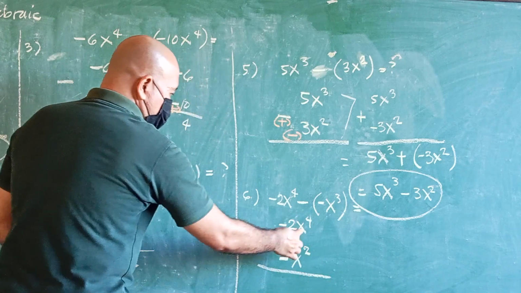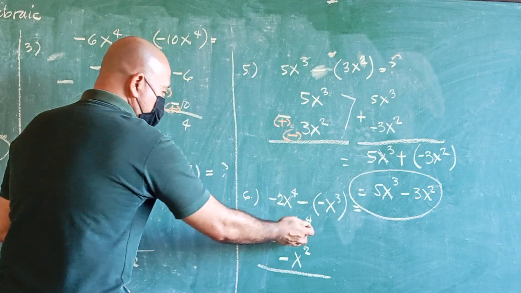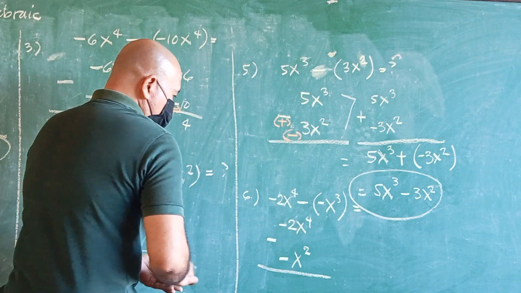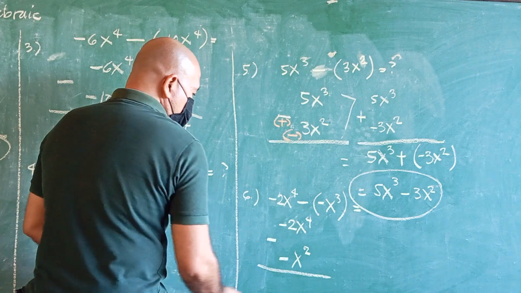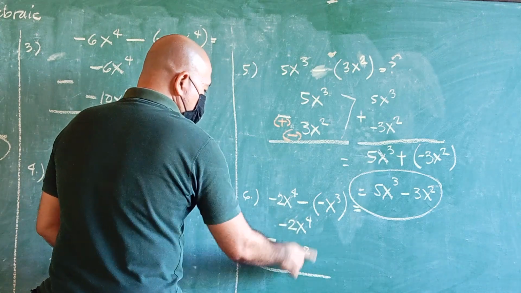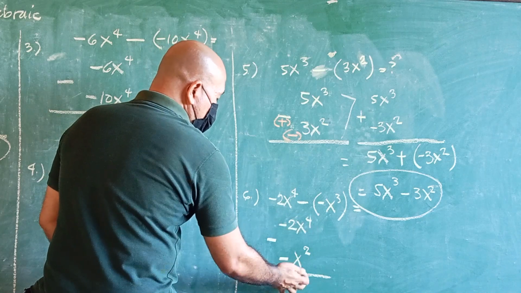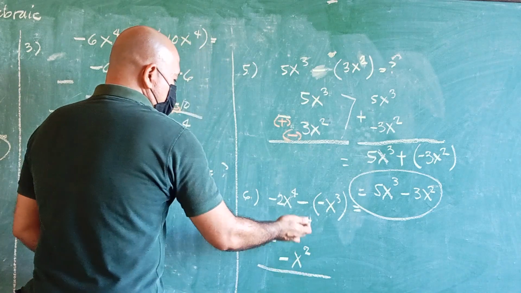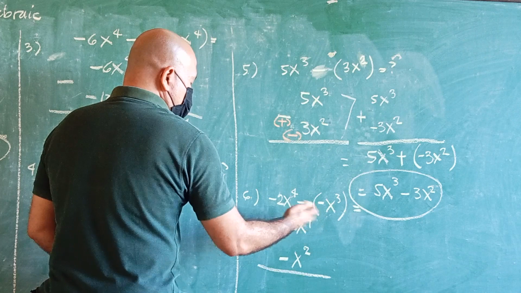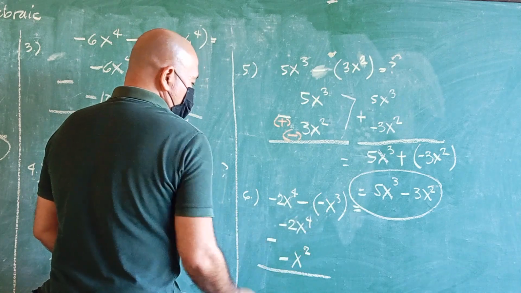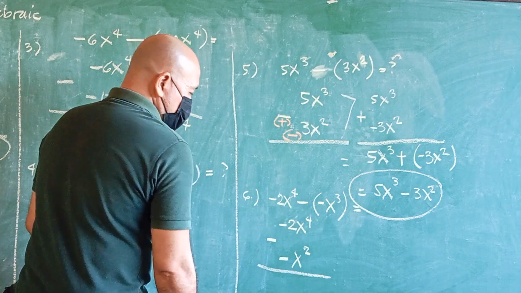So again, although the variables are the same, since the exponents are not the same, technically the two given expressions are not similar. So you cannot bring down the variables and exponents.